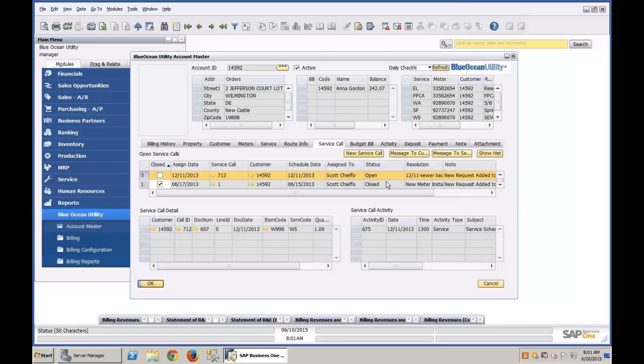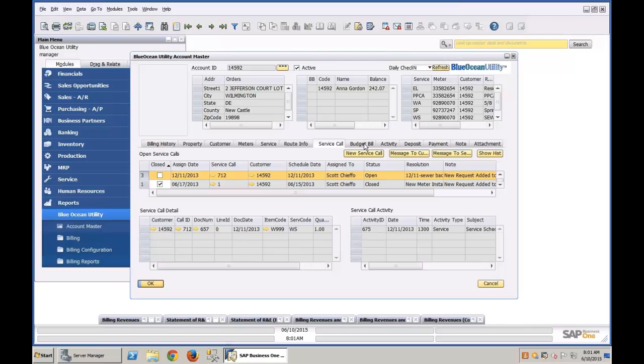The service call details can be called up by highlighting the line, and the service call activity, and a description of what the activity was. Additionally, we have the capability of initiating budget billing for an account.